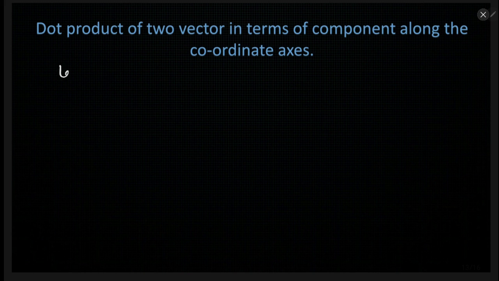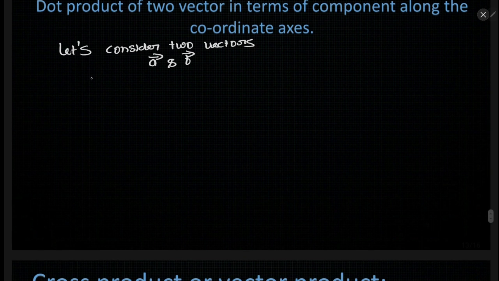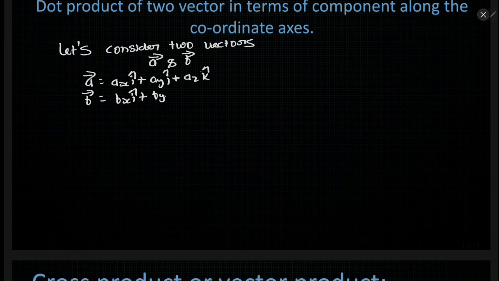So let's consider two vectors, vector A and vector B, where vector A is equal to AX i plus AY j plus AZ k, and vector B is equal to BX i plus BY j plus BZ k.